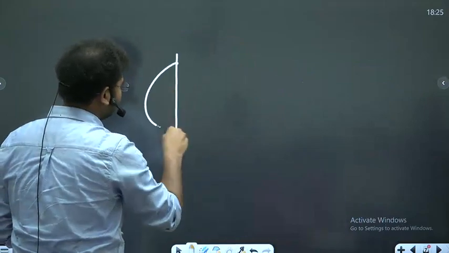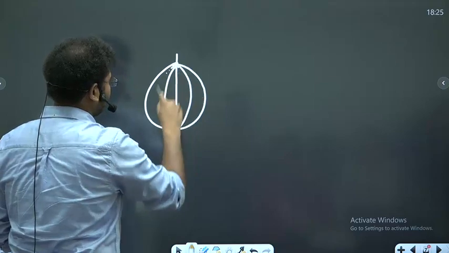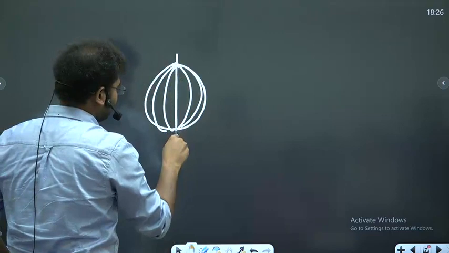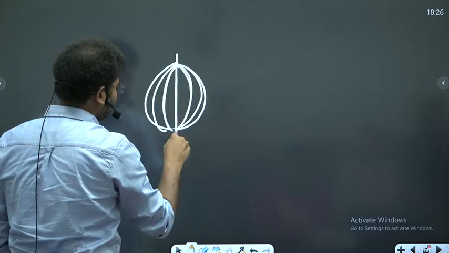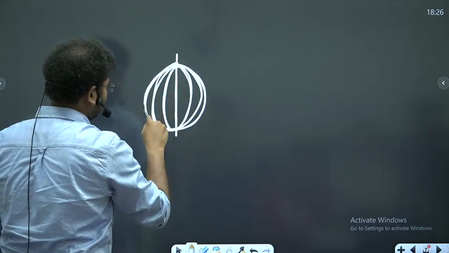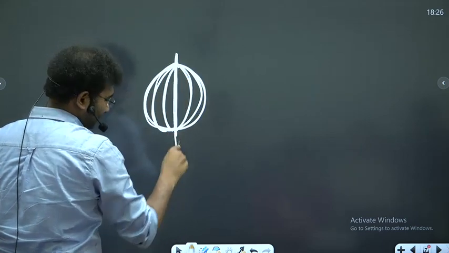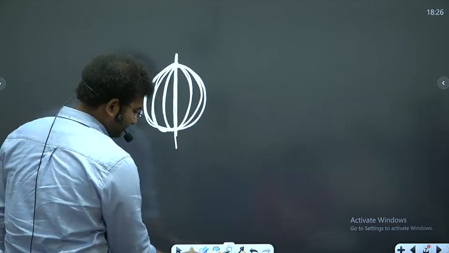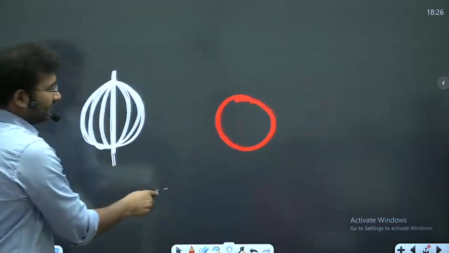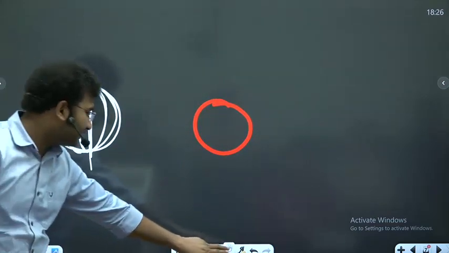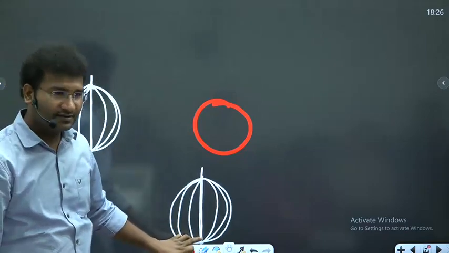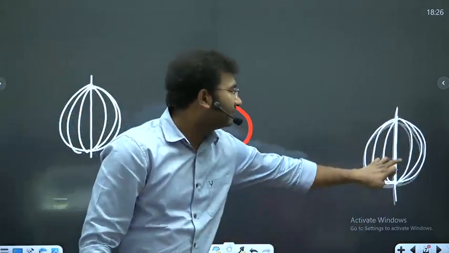If this is the earth, see here, this is the sun. Now, this earth, if it started to go around the sun without any axial tilt, will you have seasons?